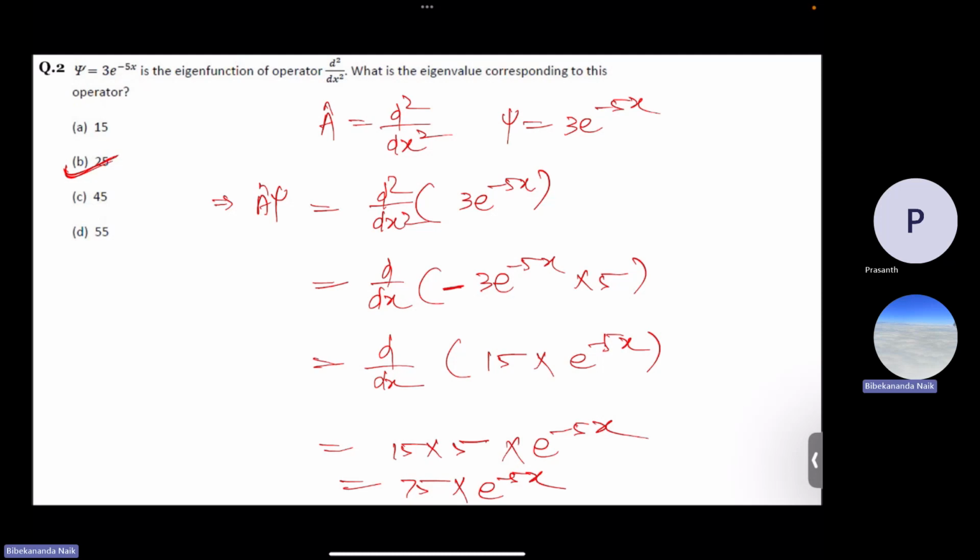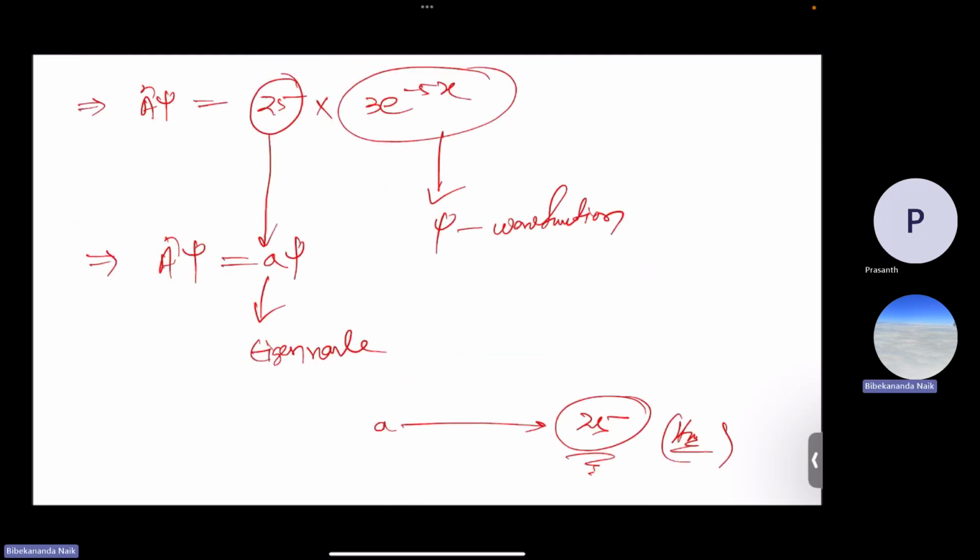Then again in the next, it will be minus of minus, so it will be positive. It will be plus 75 into e to the power minus 5x. Then if you compare it with the original wave function, which was 3 e to the power minus 5x, the eigenvalue will be 25 in this case.